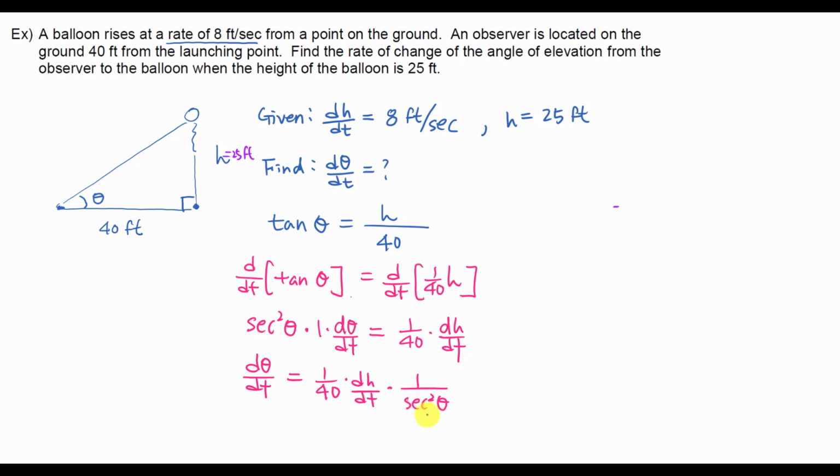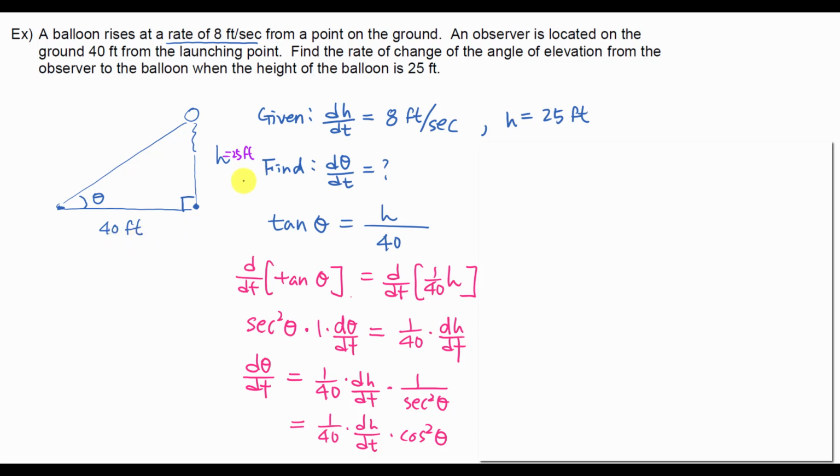But what is 1 over secant square theta? That is cosine square theta. So I need 1 over 40 times dh dt times cosine square theta. How do you find cosine theta squared? Find the cosine theta. How? Well, it's when h is 25 feet.